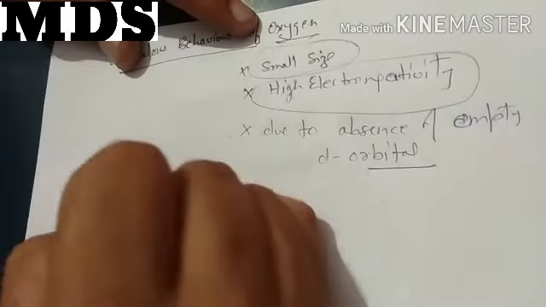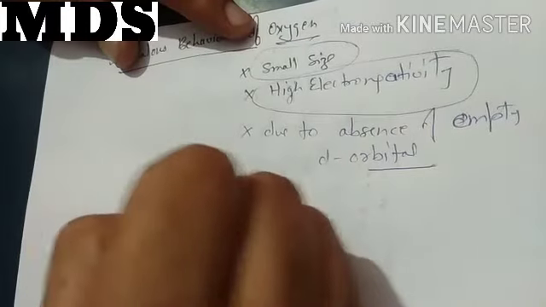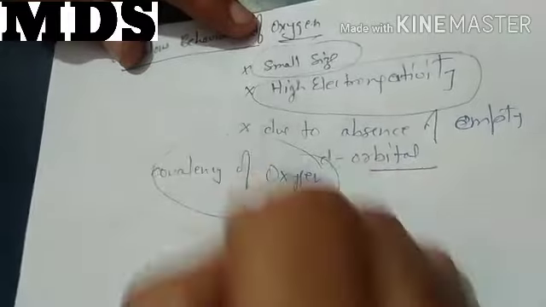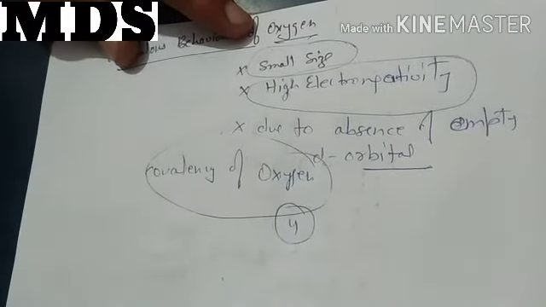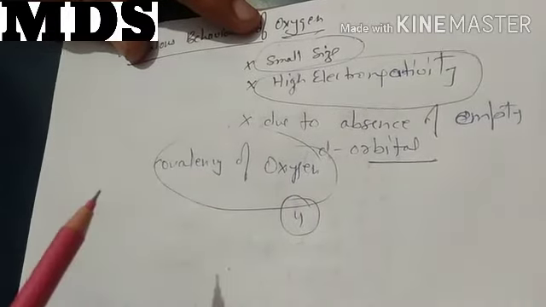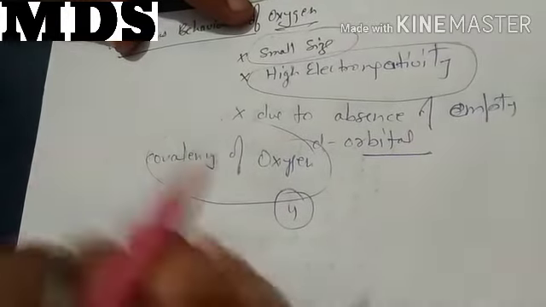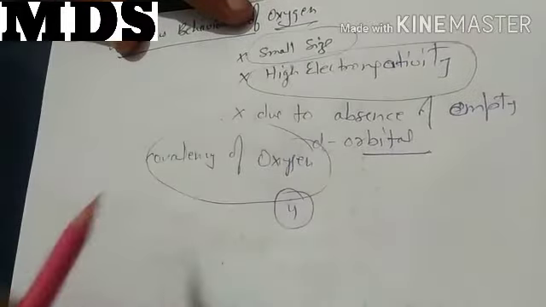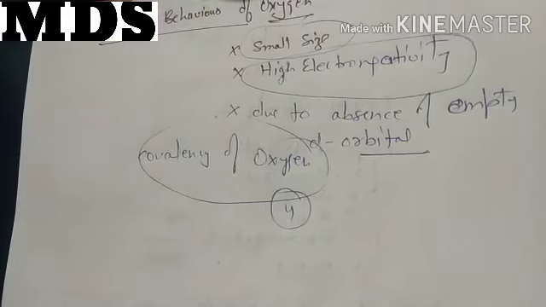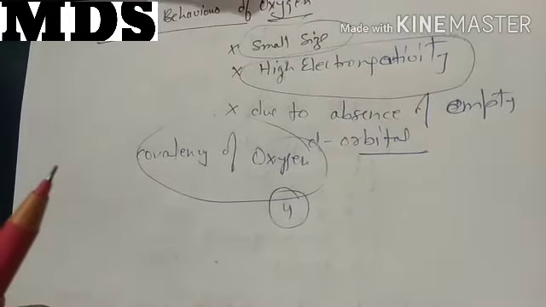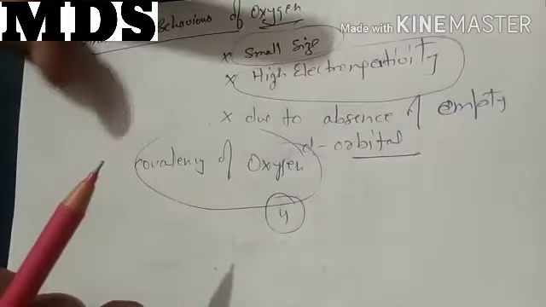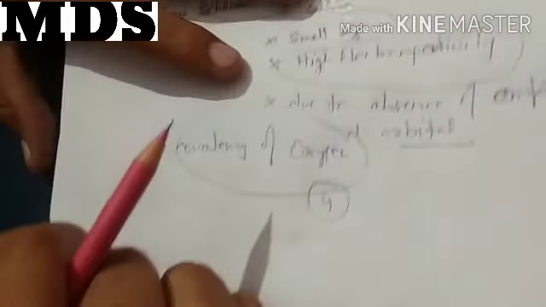So that's why covalency of oxygen can be only up to 4, because of 4 orbitals itself. While if you talk about the lower group elements, they can extend their covalency beyond 4, to 5, 6, and such. Okay, so that is the particular reason that oxygen is showing anomalous character. Okay, so this is the first chemical property we had discussed.